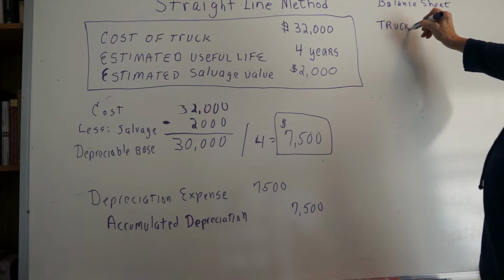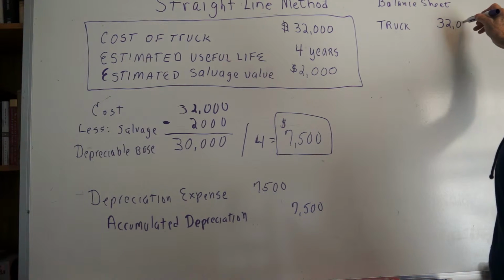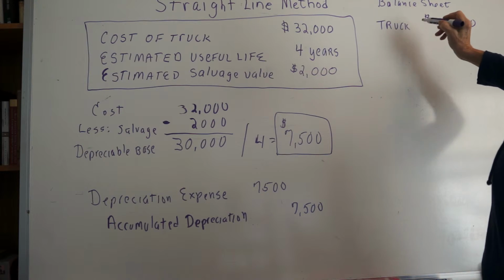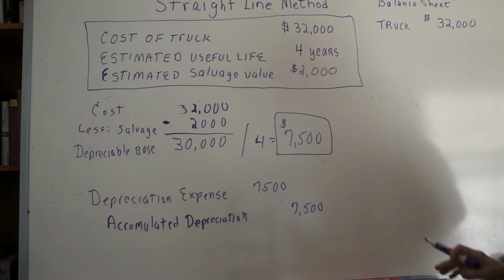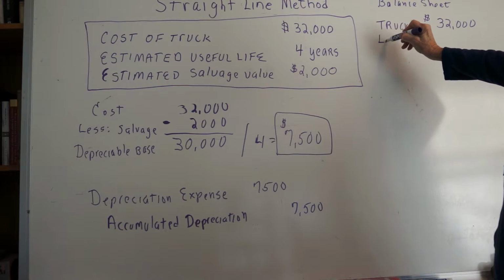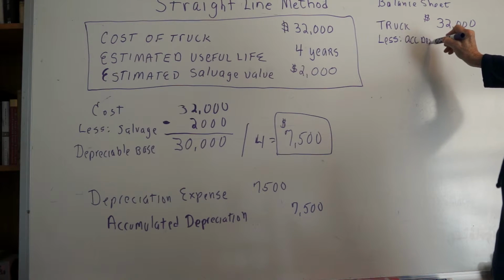You might have equipment, and we want to keep the truck on the books at its original historic cost of the $32,000. Notice it's not the 30, it's the 32, the original cost. And then it's going to be reported less the accumulated depreciation.